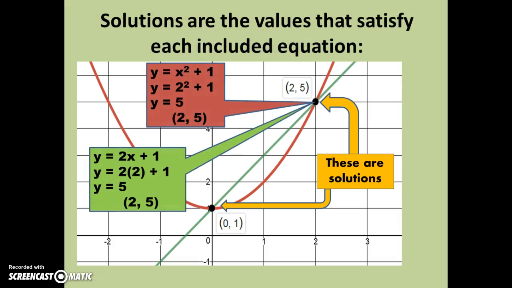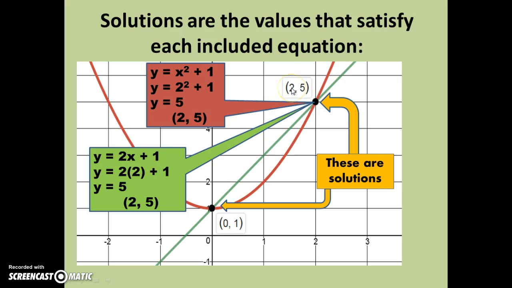Now if we look at the equations of those two, the parabola, which is the quadratic equation, if we put in the x, we should get the y out. So this is the equation for this particular parabola, y equals x squared plus 1. If we put in 2, we get 2 squared plus 1, which is 5. So when we put in 2, we get out a 5. Now let's look at the linear equation. The equation for this linear graph is y equals 2x plus 1.